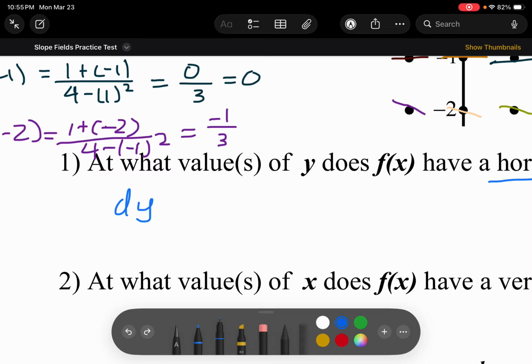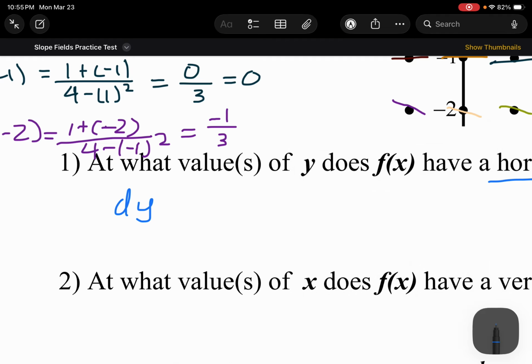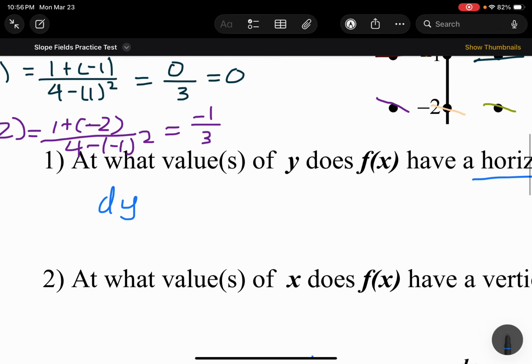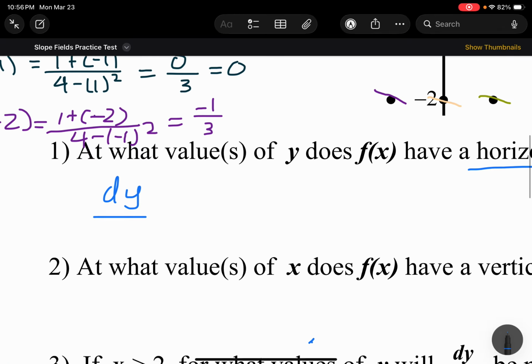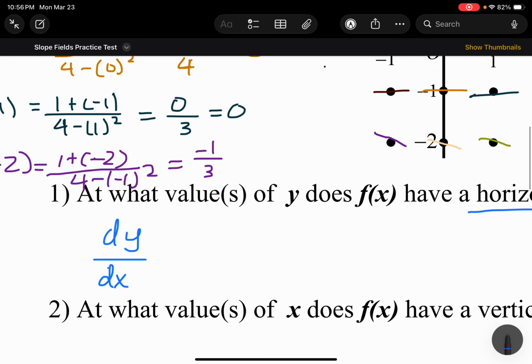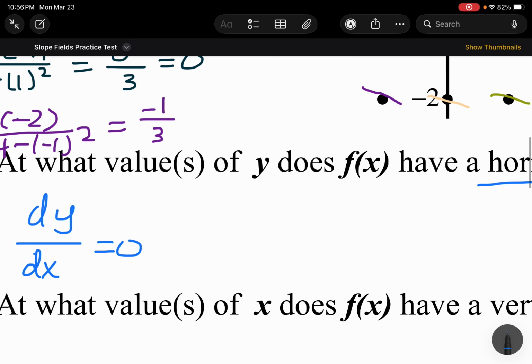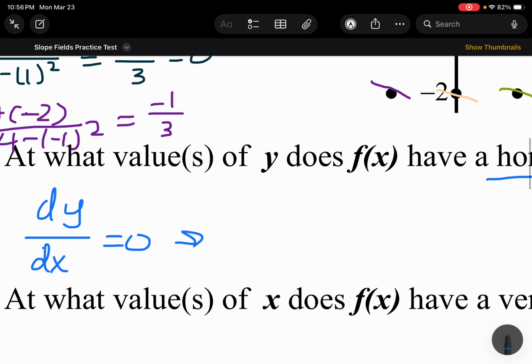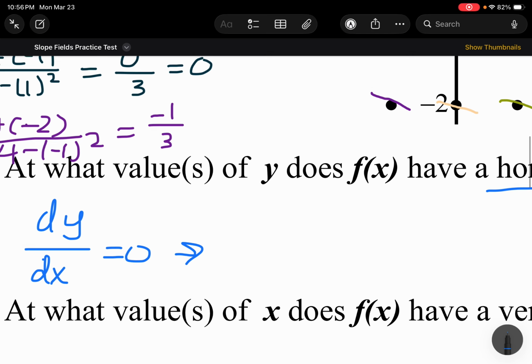dy dx equals 0. So as you know, dy dx can be rewritten as 1 plus y over 4 minus x squared is equal to 0. Can we just say that this is going to be 0 over 1, right?